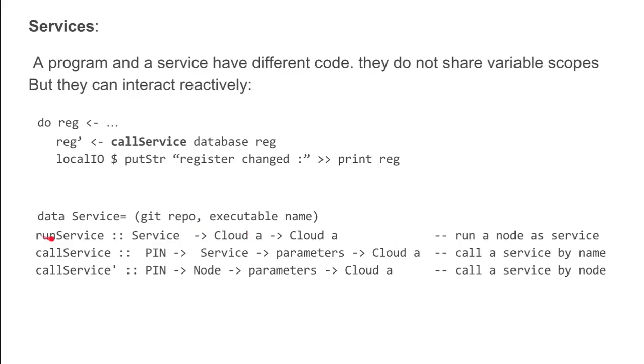It listens for requests for this service. Call service is the one that calls a remote service with simply the Git repo and the executable name directly, and the parameters are the ones passed to the call, and the result is one or many or zero results.